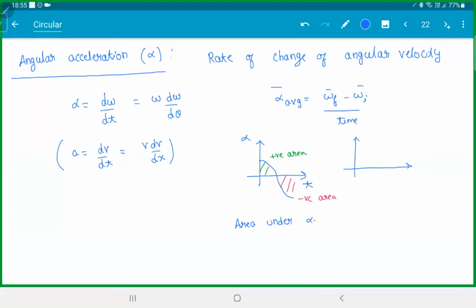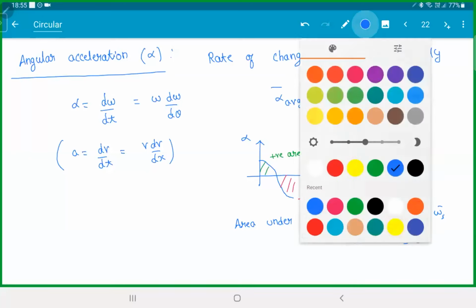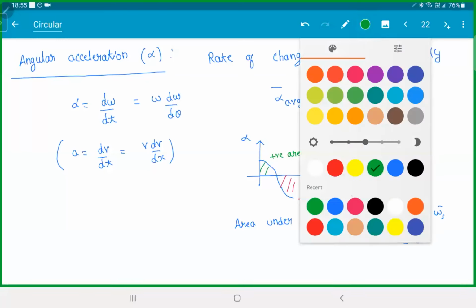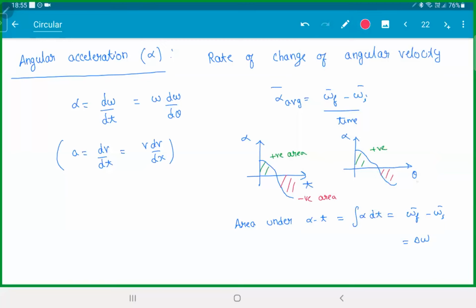So the area under the alpha-t graph, which is integral alpha dt, gives you omega final minus omega initial, the change in omega. Similarly, if you draw the alpha theta graph, anyone remembers what this gives you?